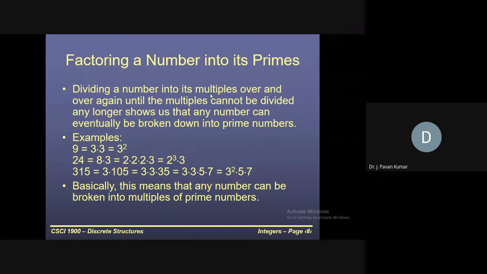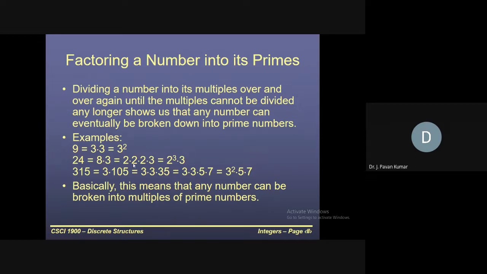In general, consider just one example. 315 we can write as 3 into 105, but 105 is not a prime number, so again we can divide it further as a product of other numbers. 105 we can divide as 3 into 35, and 35 is also not a prime number.